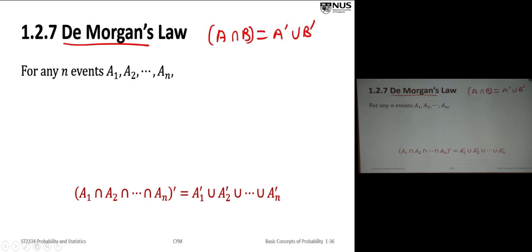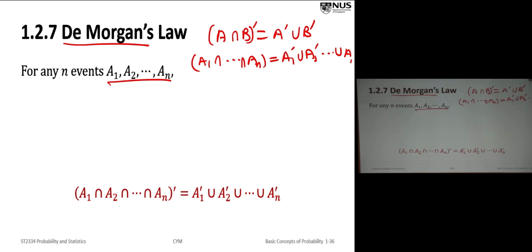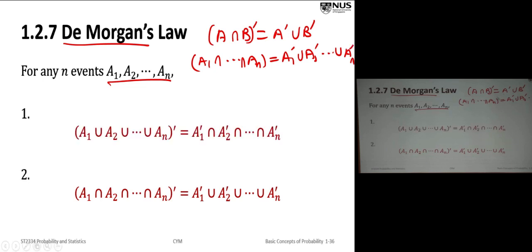But now extend to n events: the complement of A1 intersect up to An is equal to A1 complement union A2 complement and so on. So this basically extends the two events case.